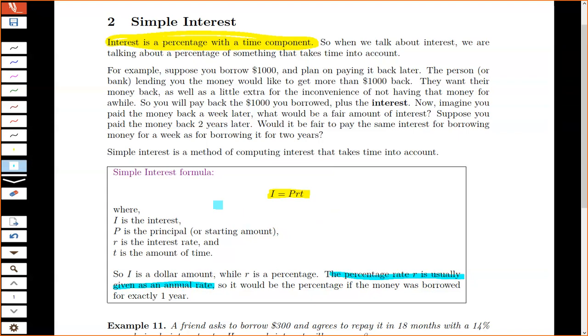The other thing to keep in mind is that I is an interest amount in dollars, and R is an interest amount as a percentage. So it's important to keep these ideas straight. Otherwise, we'll put numbers in the wrong spot.